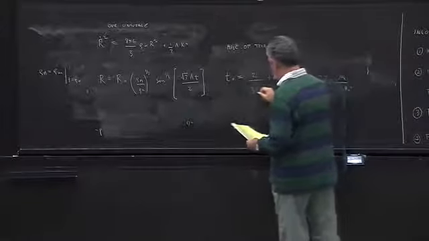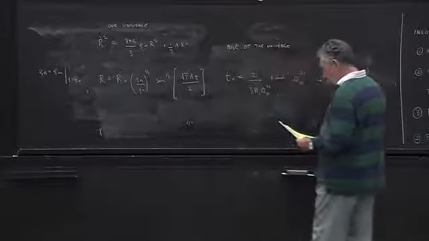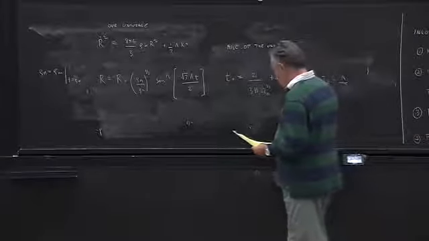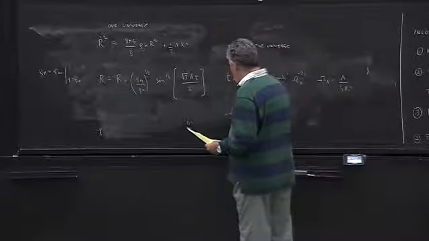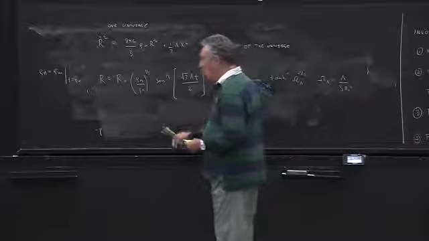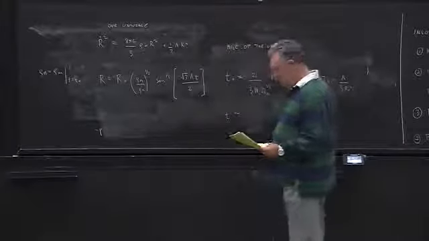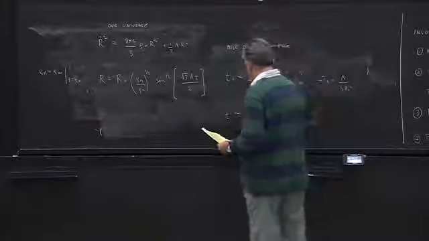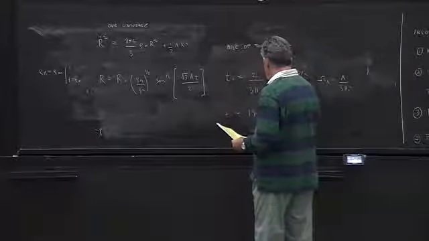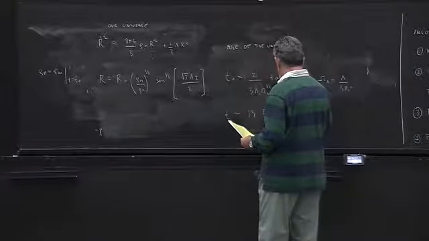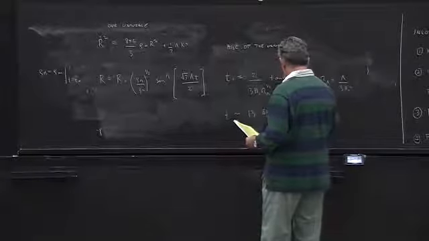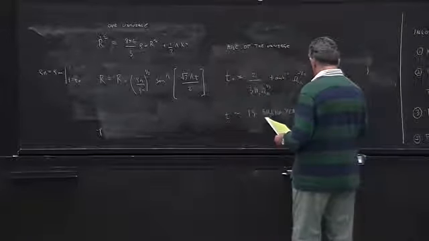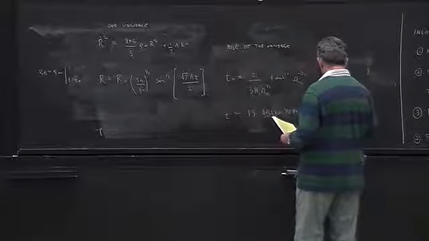Yes, that's an h naught. So if we plug in what we observe for the density of the universe, we find this is about 13 billion years. Which is, actually, 1.3 times 10 to the 10.